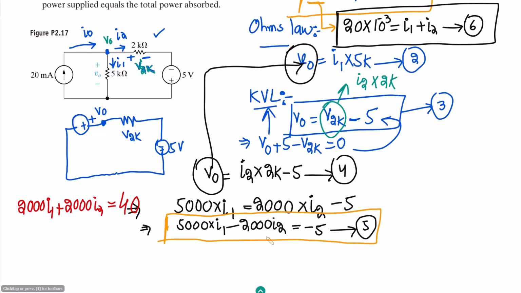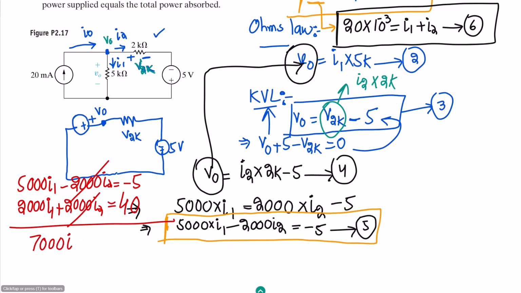Again we have this equation, so let me write it here. So it will be 5000 I1 minus 2000 I2 equals 5. So let me add both of these equations. Adding them together, these two will cancel out, and here we will get 7000 I1, that is equal to 35.